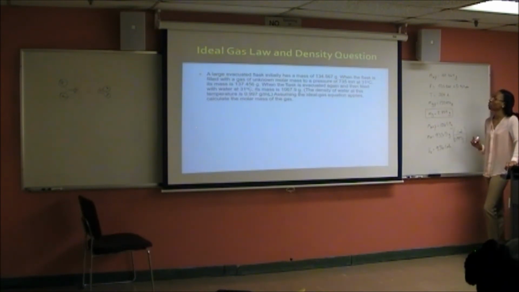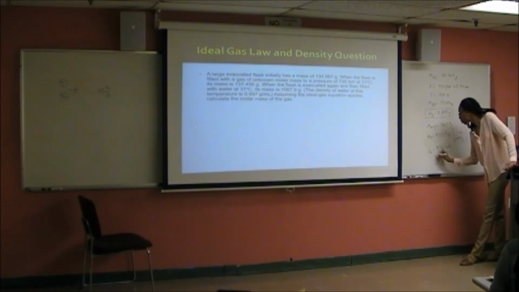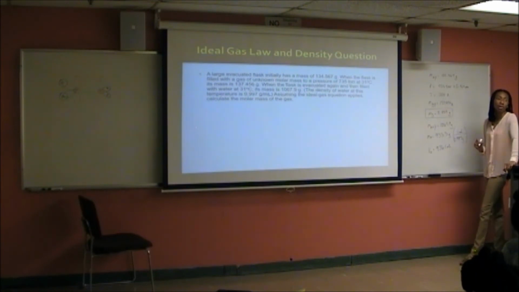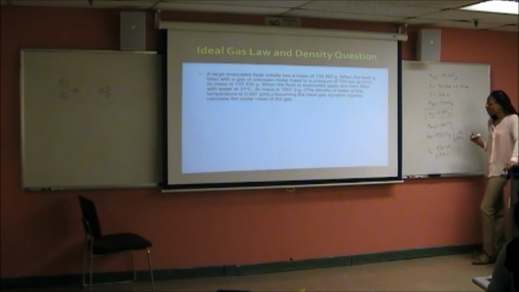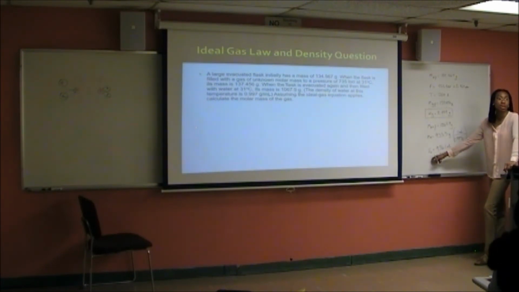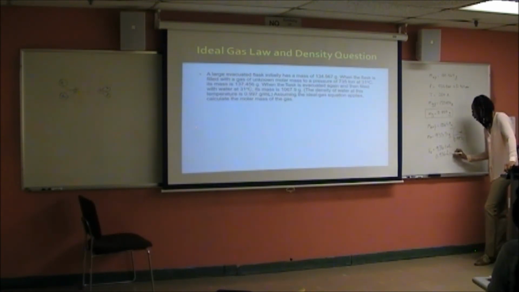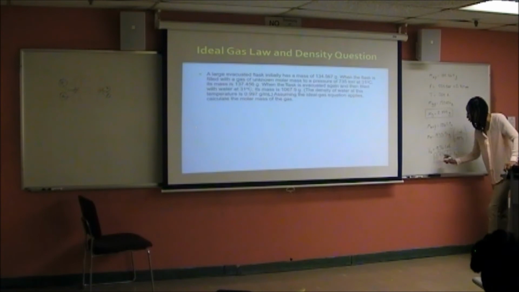What do we need our volume in? Liters. So divide by 1,000, so my volume is 0.936 liters. If the volume of your water is 0.936 liters, what does that also mean? It's the volume of your gas as well. So that's another bit of information that we need.